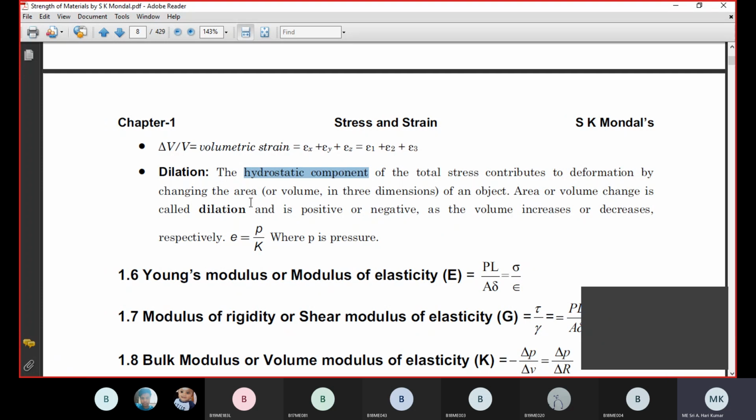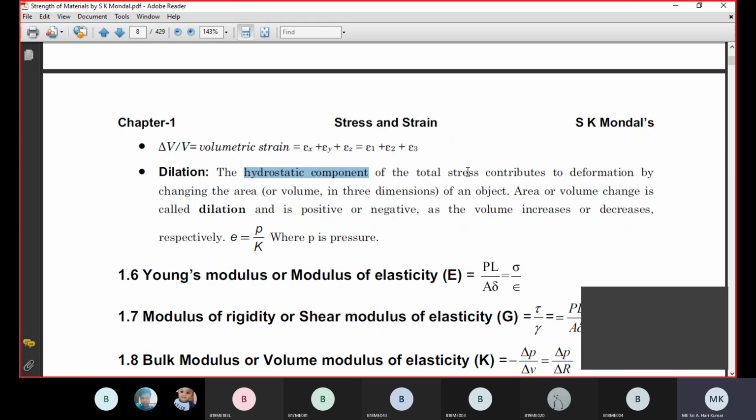I'm not talking about the shear stress component. If sigma x, sigma y, sigma z are equal without a shear component, the body will compress.